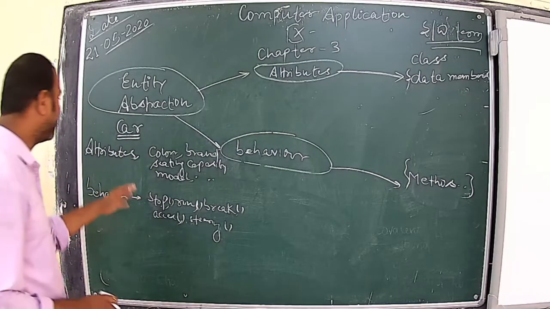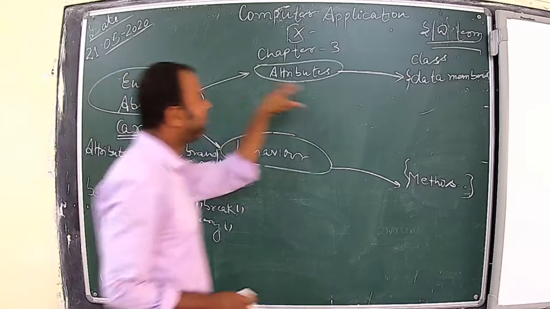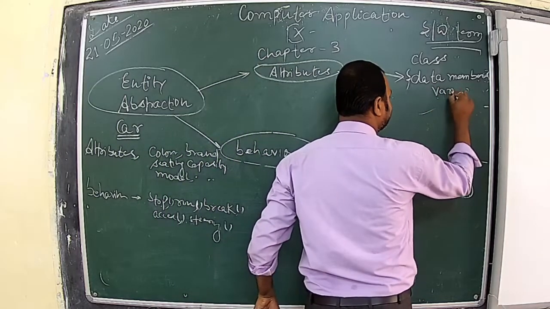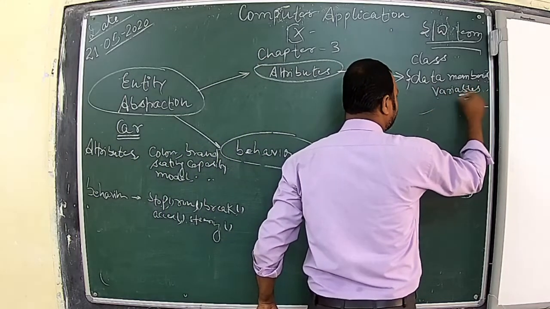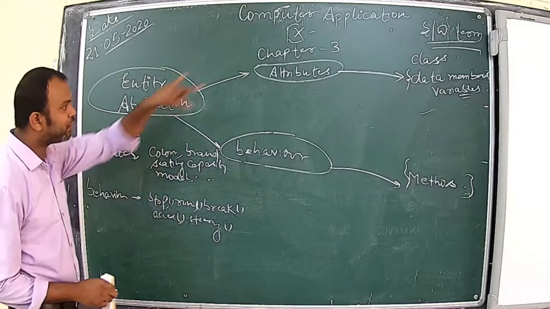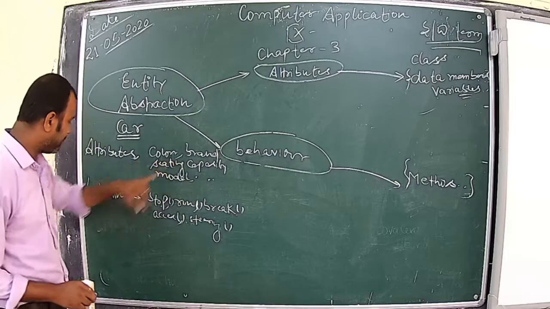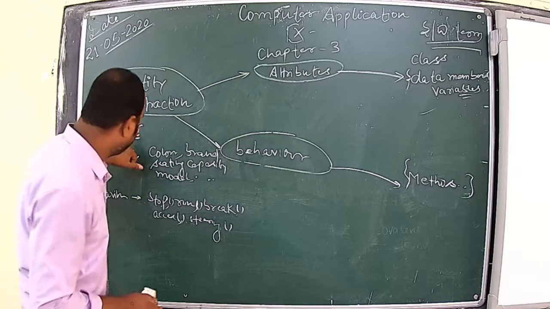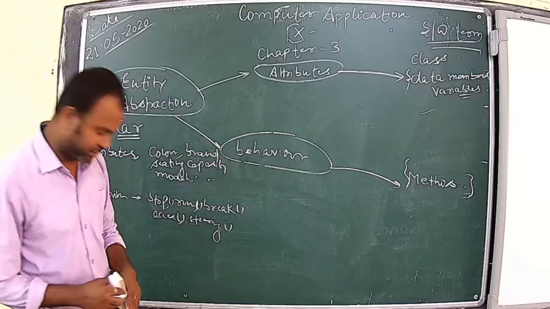So how do we implement? See here, attributes are implemented using data members, that is also known as variables. So these attributes should be implemented in software terms using variables, and behavior of this object to be implemented using methods.